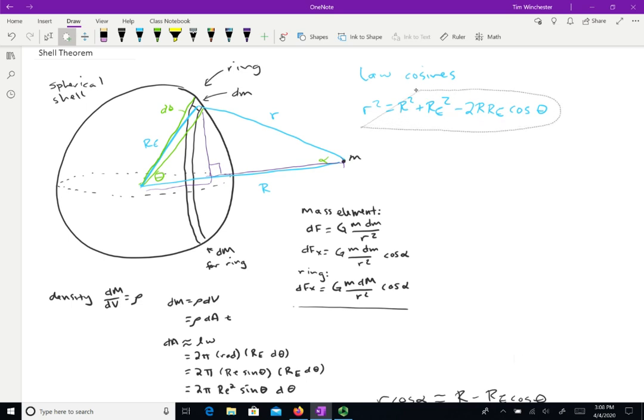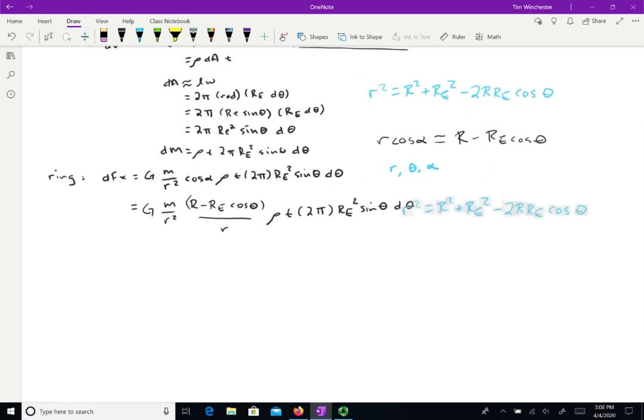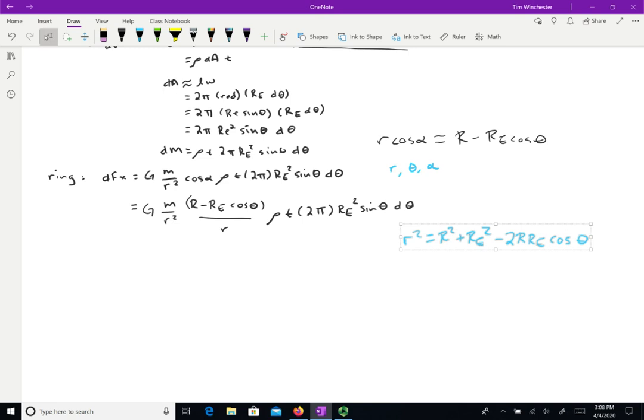Okay, so if I take this and move it down to where we want it, bring this over here. Okay, what I want to do now is write this in a form where I can replace the cosine theta with something in terms of r, and then also replace the sine theta. Okay, so I'm going to do the cosine theta first, since I already have a cosine theta. So what I'll do is I'll just simply solve this.